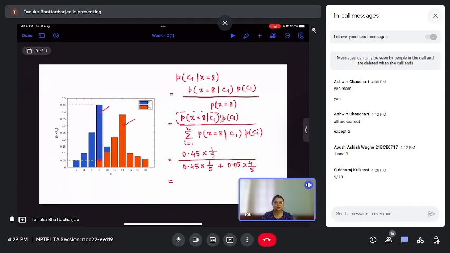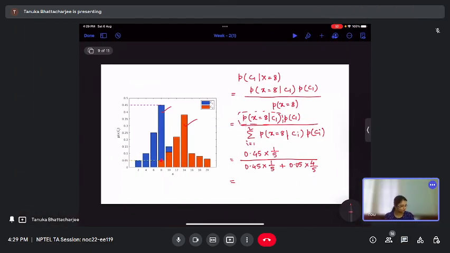Yeah, you are correct. It's 9 by 13 or 0.69 you can say. So this is the posterior probability of class C1 given x equal to 8.